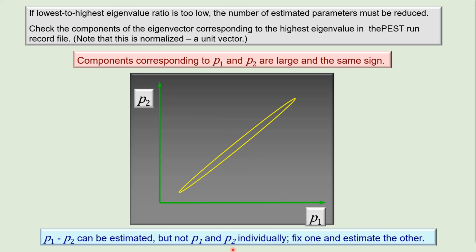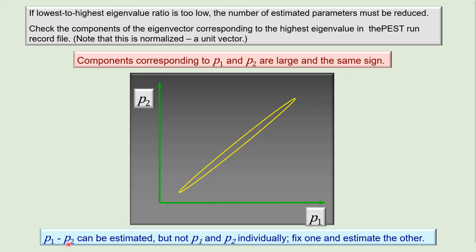Conversely, if we look at the eigenvector corresponding to the lowest eigenvalue, and if that ratio of lowest to highest eigenvalue is very small, and if that eigenvector's components are dominated by two parameters and they both have roughly the same value and the same sign, then we've got this situation.